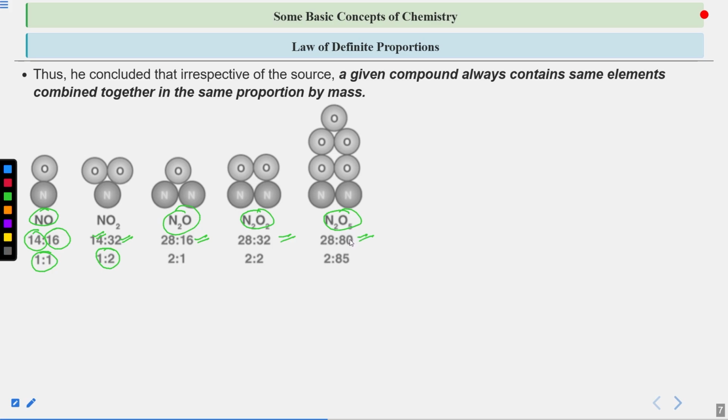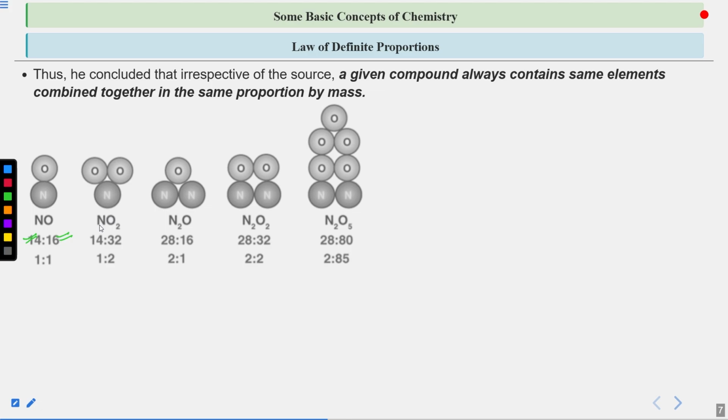Even if you are not aware of the atomic weights of nitrogen and oxygen, you can get them from the starting compound. It is 14:16. Since it is not reduced to the simpler ratio, it is taken in the most complex form. So 14:16 means 14 is the atomic weight of nitrogen and 16 is the atomic weight of oxygen.